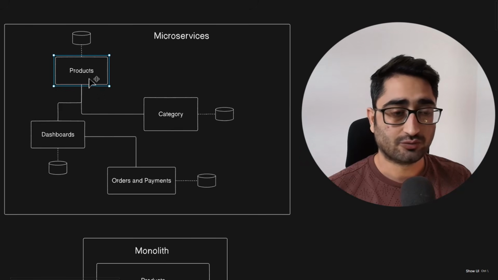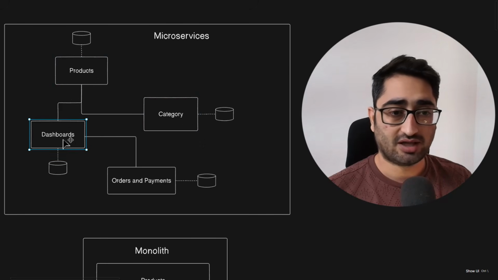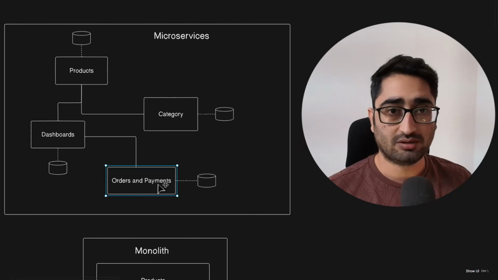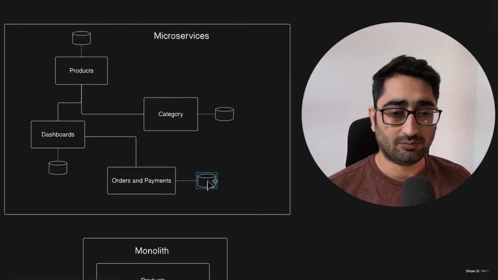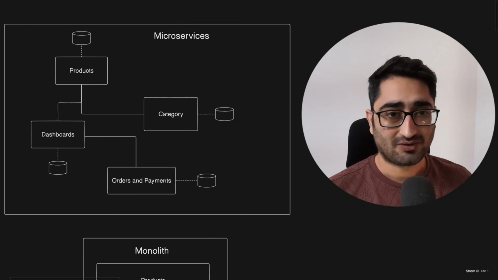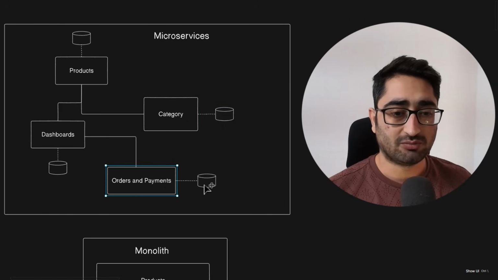They are going to have a code base independent of others. So products is going to have a code base that is independent, and dashboard, category, orders and payments will do the same. And they are going to have their own respective database servers that they will be interacting with. Products is talking to this products database, dashboard is talking to this dashboard database, category has its own, and orders and payments will have its own.